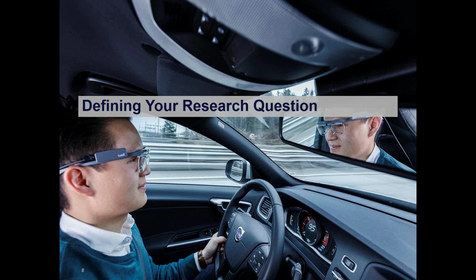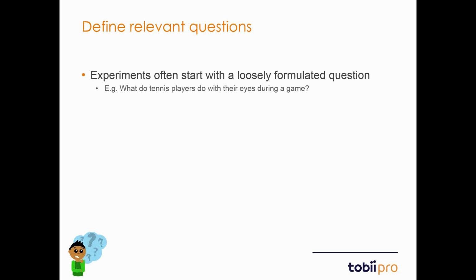Now, when you start out, you need to define your research question. So everybody has little theories about the world and different ideas about things that are interesting to them, and so potentially you just start with a loosely formulated question about something in the world that interests you.